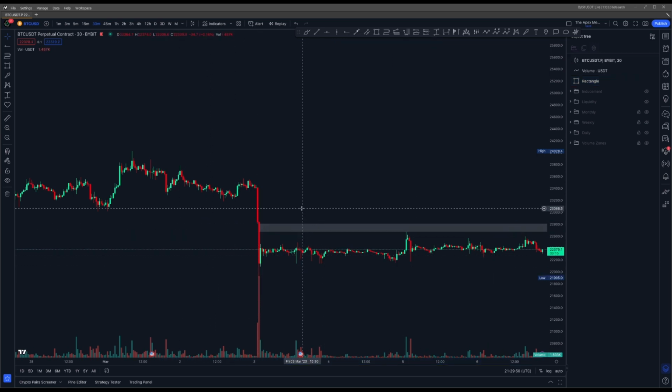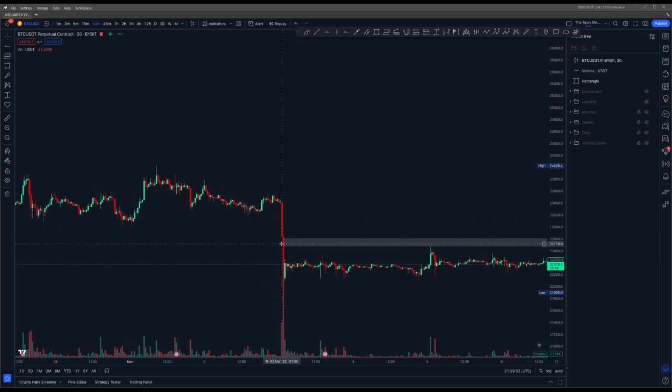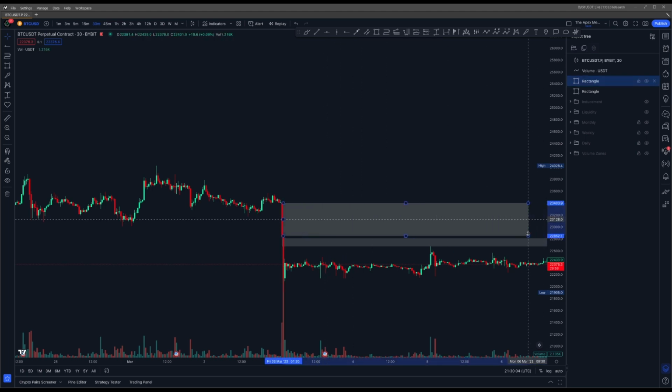Now we have two gaps, okay? So we have a gap here. And we have a gap here, yeah?